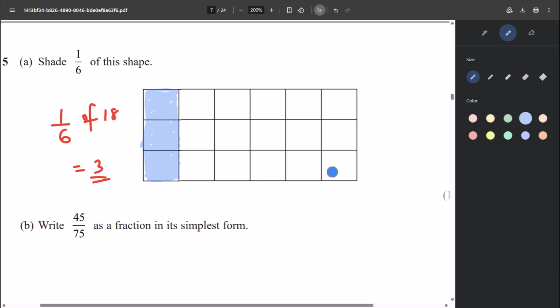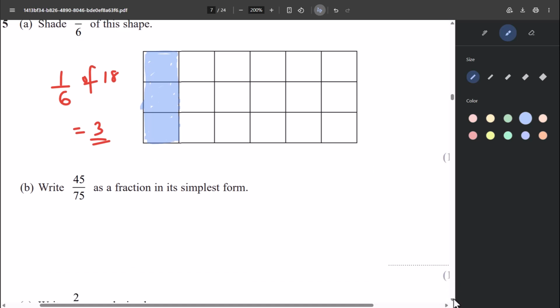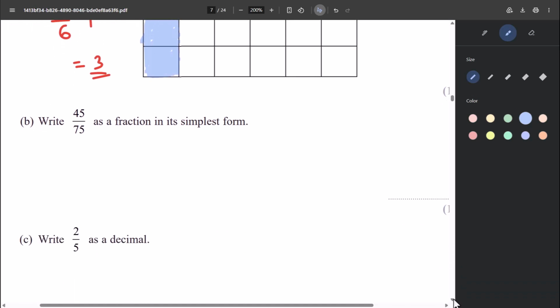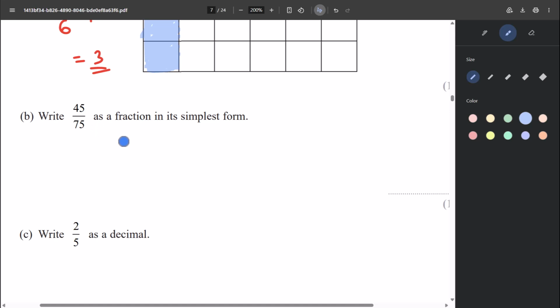Okay, all right. Now if you look at question B, it says write this fraction as a fraction in its simplest form. Now, one thing you could possibly do is use the smallest number that can divide into 45 and 75, or you could use the biggest number that can divide into 45 and 75. Okay, I think I'll take the smallest number that can divide into 45 and 75.